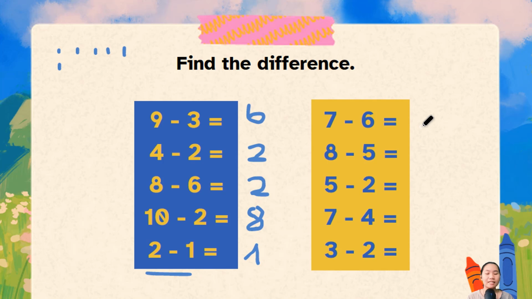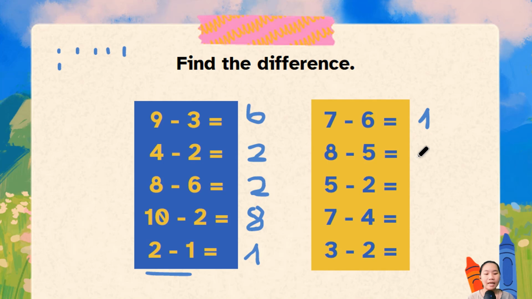Next up, 7 minus 6. You have 1, 2, 3, 4, 5, 6, and then 7. So it is 1. Because you only need 1 to get 6 to 7. So if you want to go in reverse, 7 is 6 plus 1. So you get 1, okay?